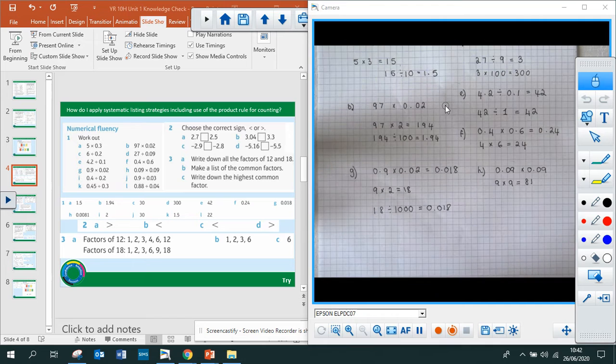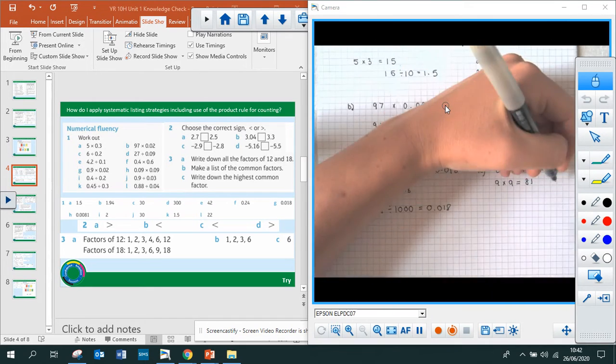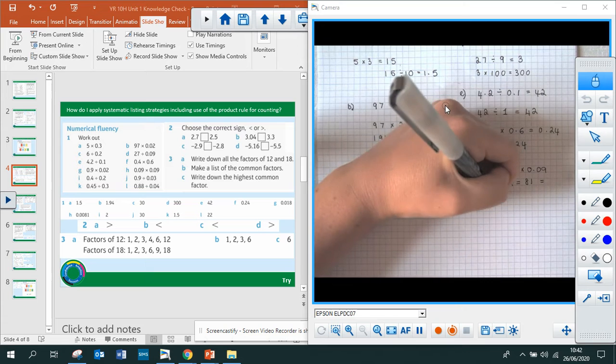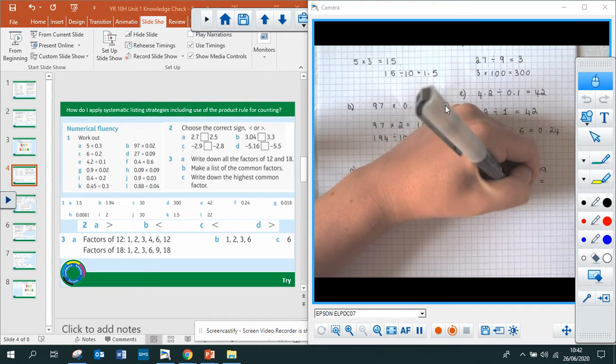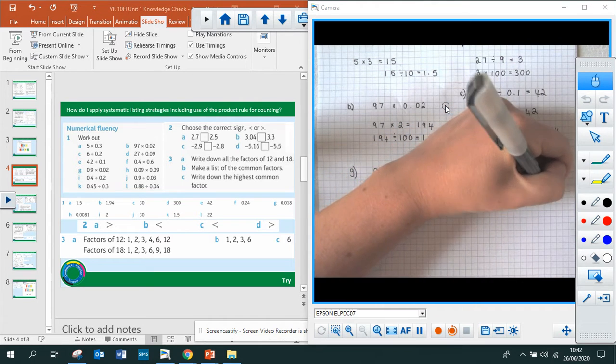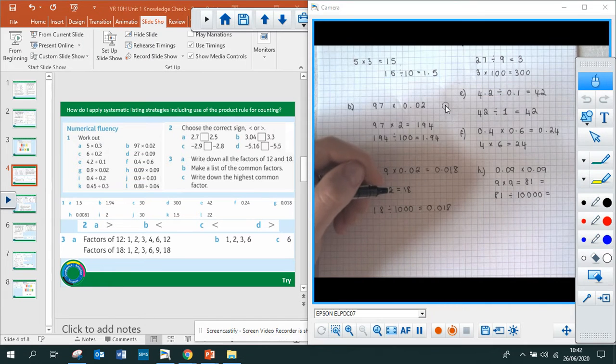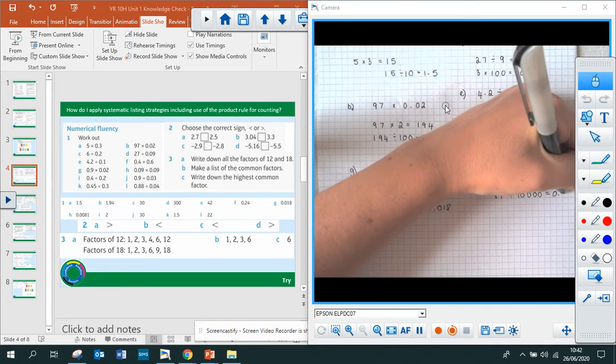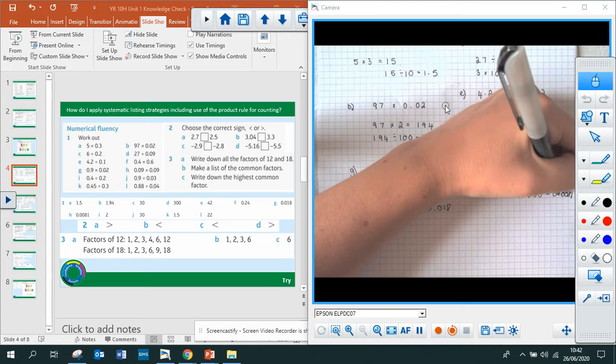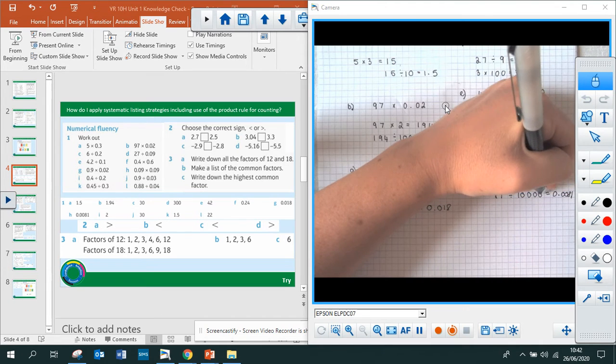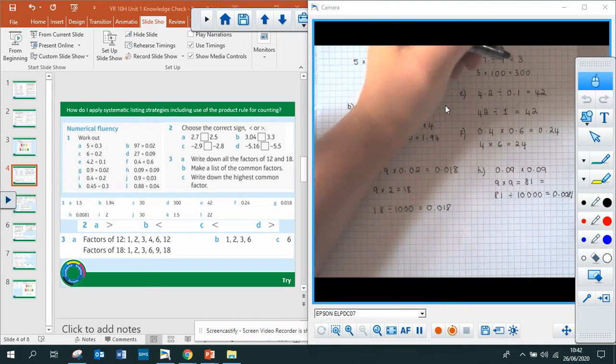Then my net effect is I need to divide by 100 twice, essentially. So divide by 100 twice, or divide by 10,000. So that will give me, so I should write that there, that should give me 0.0081.